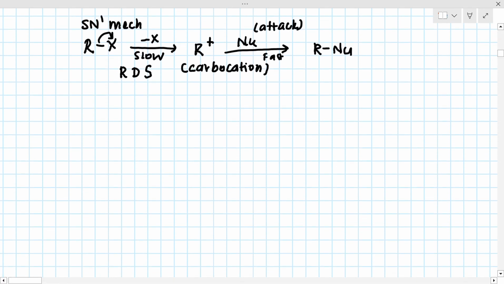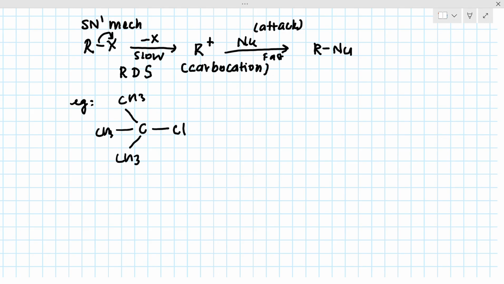Now we'll take one example to understand it much better. I'm taking a tertiary haloalkane, (CH3)3C-Cl. The first step is Cl will leave.